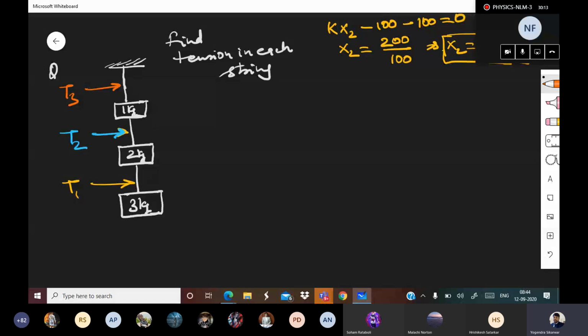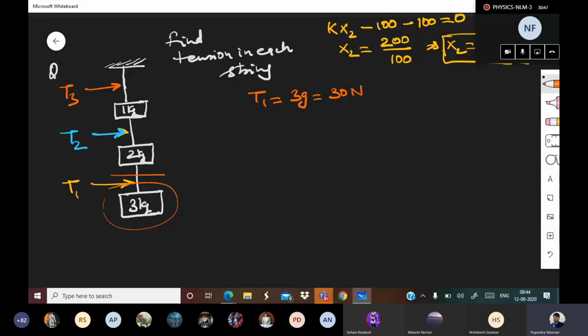Suppose I cut this string from here. Which block will fall? The lowest block will fall, correct? So the tension will be only due to the lowest block, and I can directly write T1 is equal to 3g, which is 30 Newton.